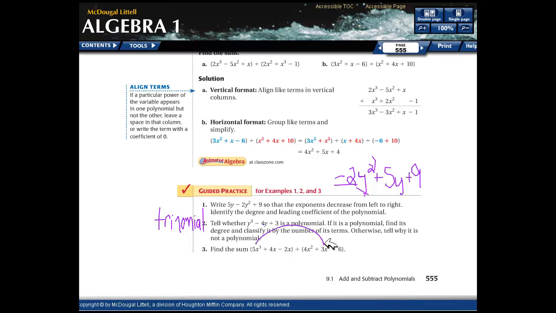Find the sum. 5x cubed can only go with another x cubed, so that would be 8x cubed. There aren't any other x squareds, so it's just a 4x squared.